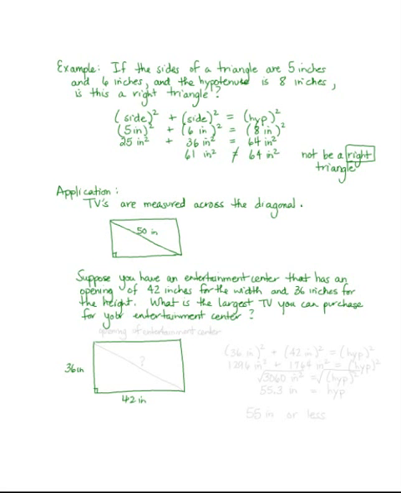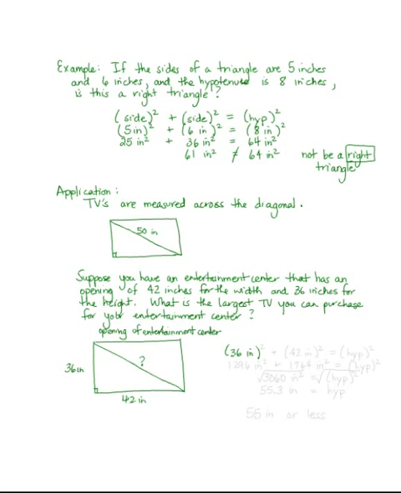Now remember, televisions are measured across the diagonal. So what we're looking for is the length of the diagonal of the opening of our entertainment center. Our opening is in fact also a right triangle, so we can use the Pythagorean theorem.